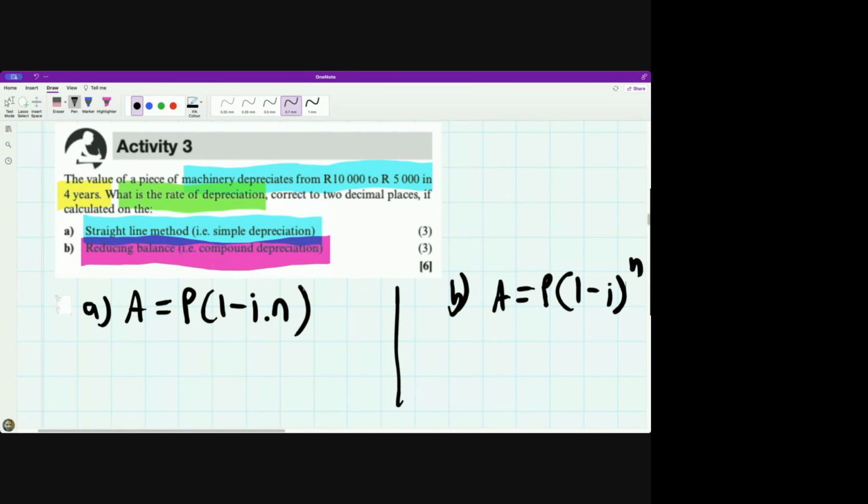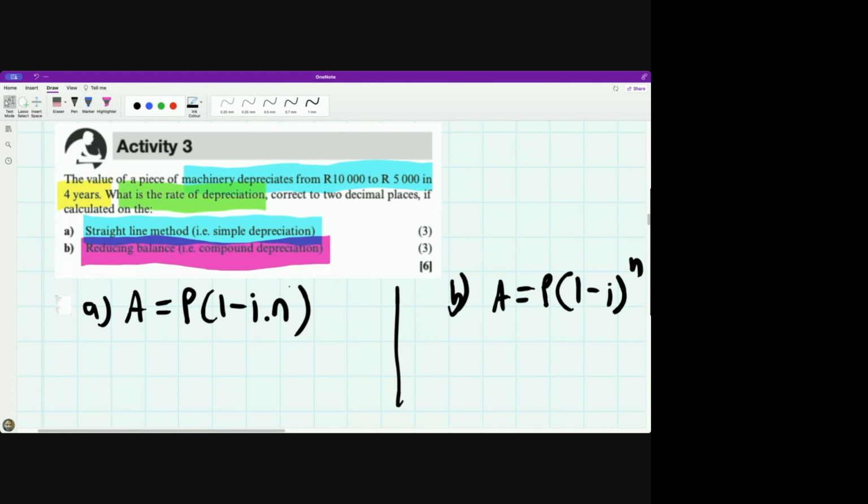And I'll give you a tip. Which value do you think we're solving for? Are we solving for the A, the P, the I, or the N? And if you're feeling generous, won't you help a classmate out and tell us what is the value that we're solving for in this question?